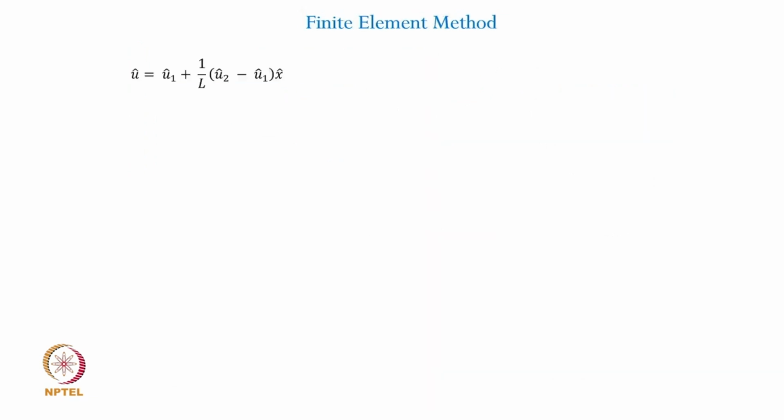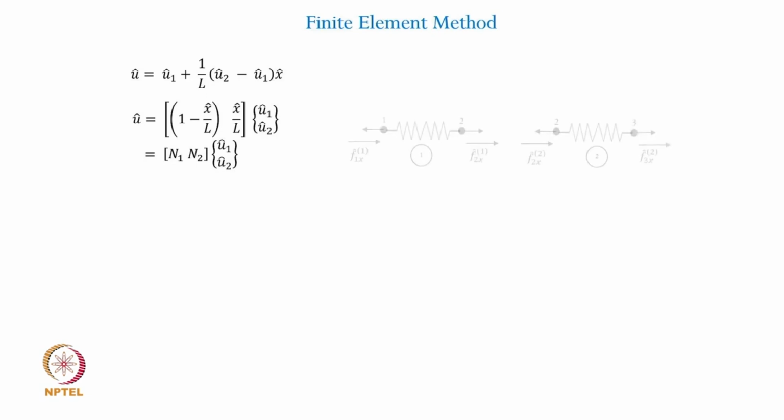Let us look at how do we go about extrapolating this, and how do we assemble these elements together to represent an entire system, vibratory system. So, this is the shape function that we had already discussed. In a matrix form, you can represent this to be given by this expression, shape function matrix multiplied by the nodal displacement vector.